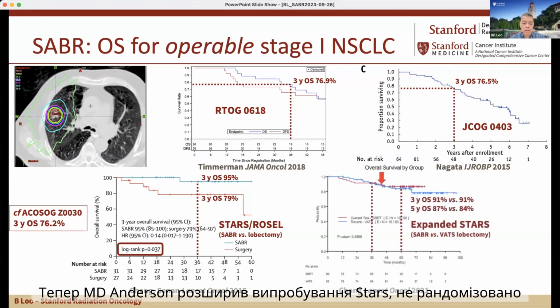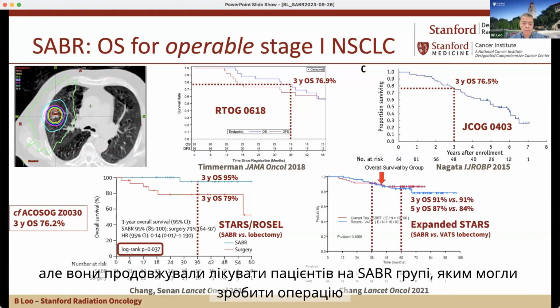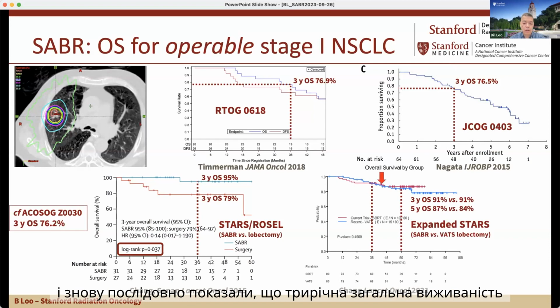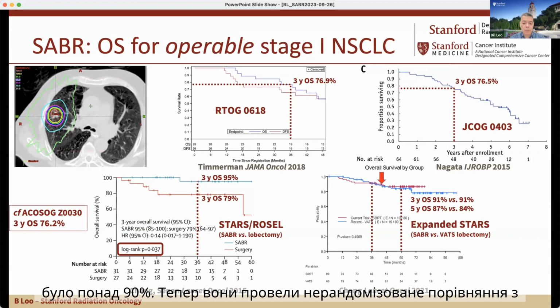Now, MD Anderson expanded the STARS trial, so no longer randomized, but they kept treating patients on the SABR arm, patients who could have had surgery, and showed consistently, again, that the 3-year overall survival was over 90%.